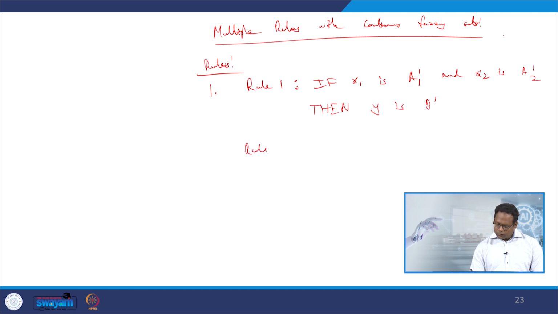Likewise, rule 2: if x1 is A12 and x2 is A22, then y is B2.